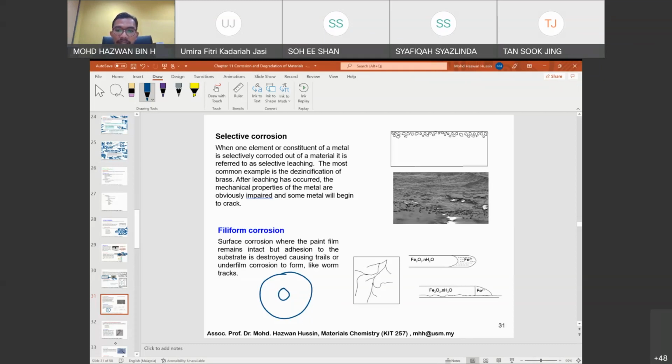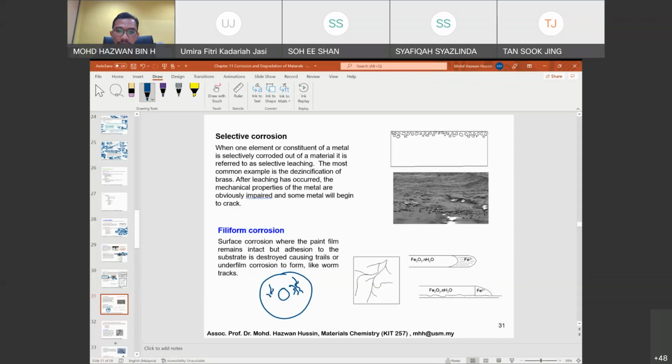But what happens is that the coating is quite brittle, and it can absorb oxygen and water. The corrosion process occurs underneath the coating layer, so it forms a track, like a worm track.